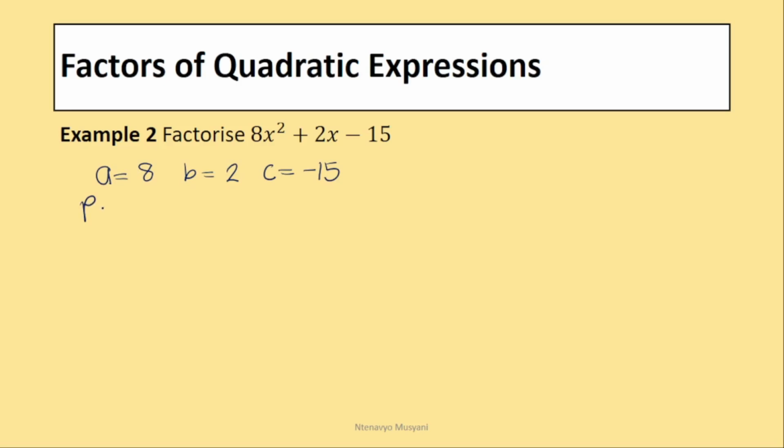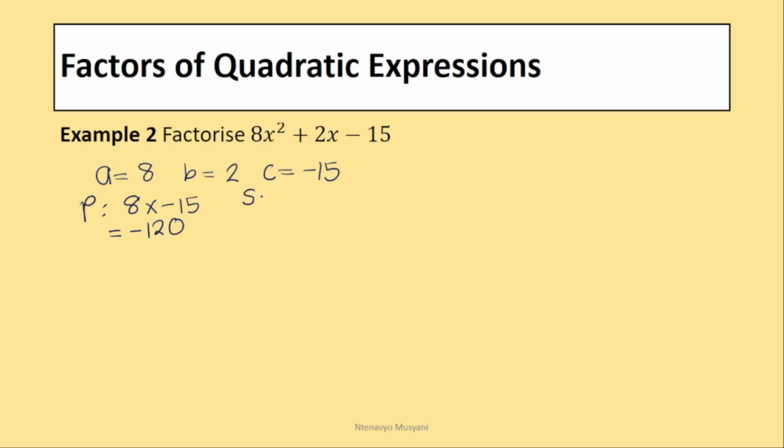The product is found by multiplying A by C. What is 8 multiplied by negative 15? We're going to have negative 120.